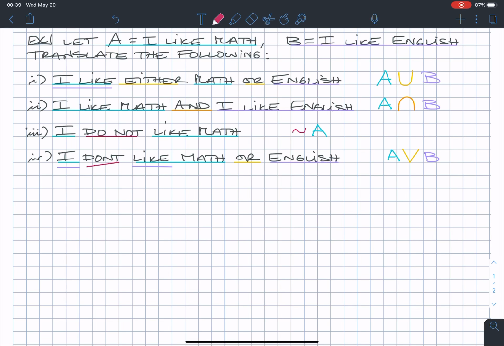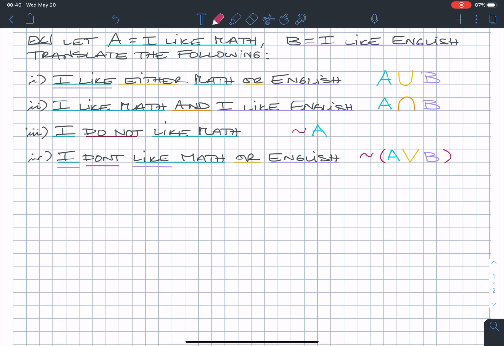So I have to negate this whole thing. I don't like math or English. And we'll find out later that that's equivalent to saying I neither like English nor do I like math.